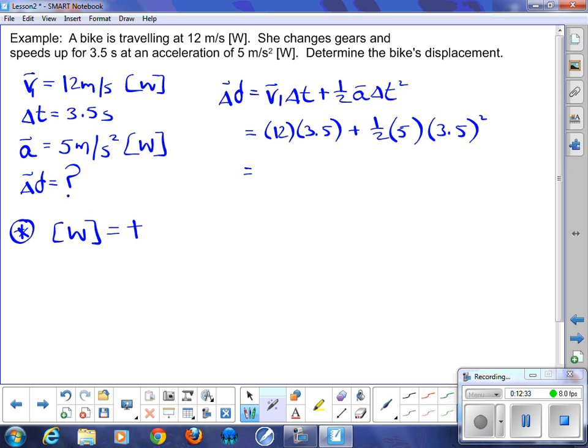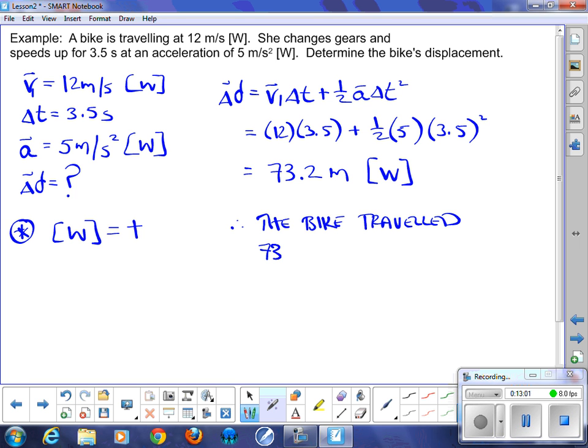If something was east, you'd have to change the sign. So we get 73.2 meters. Displacement is a vector. If everything was west, I assumed a positive answer will give me the positive direction. So therefore, the bike traveled 73.2 meters west. There's your final answer.